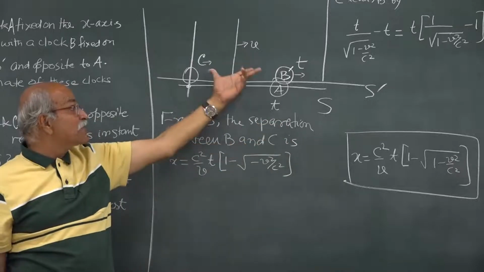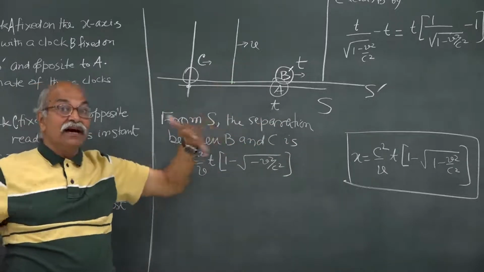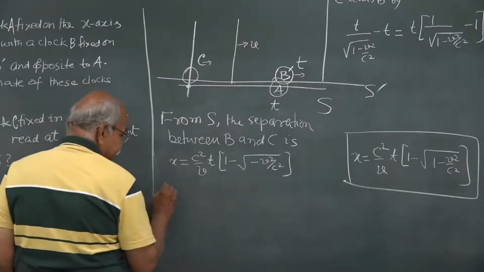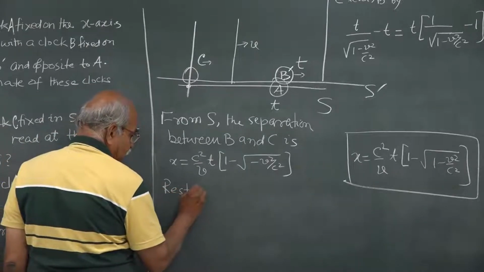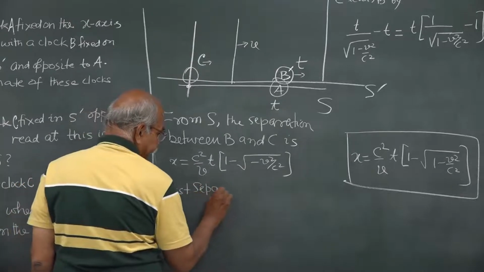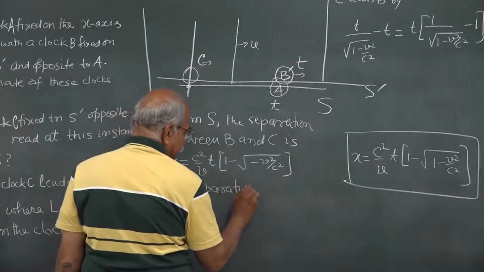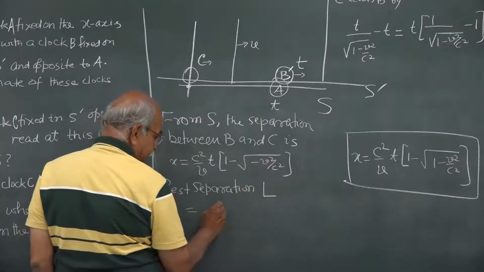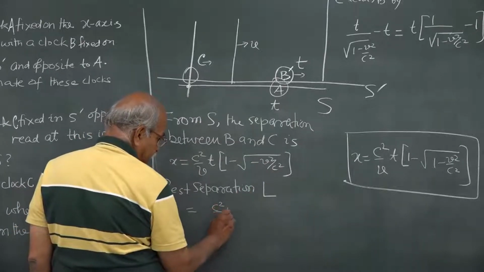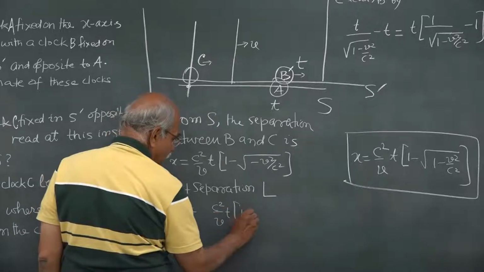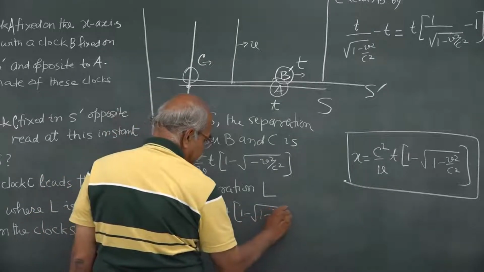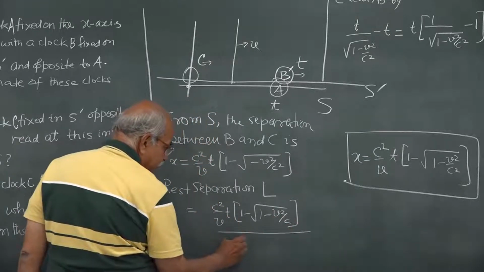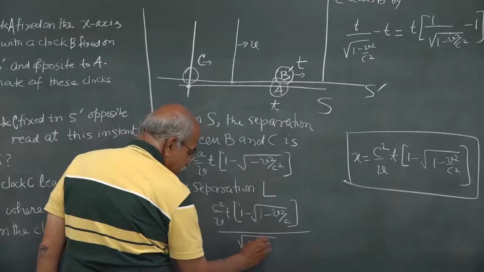So the rest separation, which is larger than the separation in any other frame, L, will be equal to this quantity. It's larger, so remember you have to divide by square root of 1 minus v square by c square.